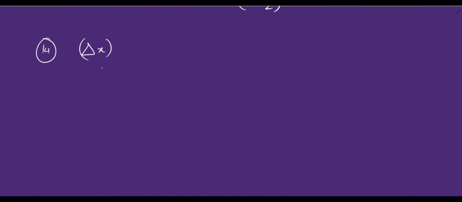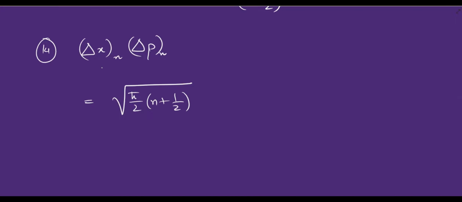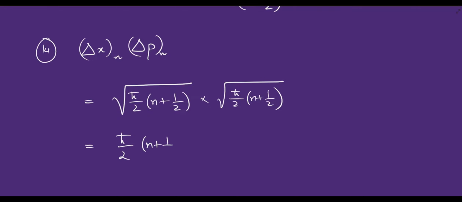And the product delta x n into delta p n is equal to root of h bar into n plus half into root of h bar into n plus half, and this is equal to h bar into n plus half.